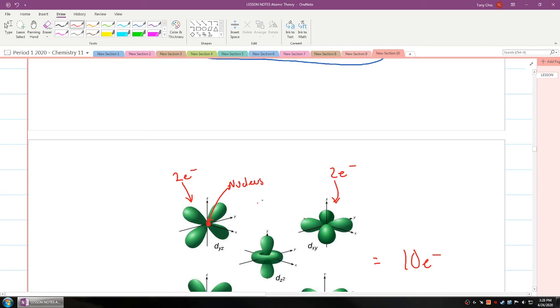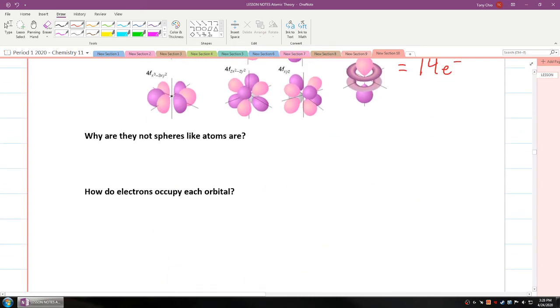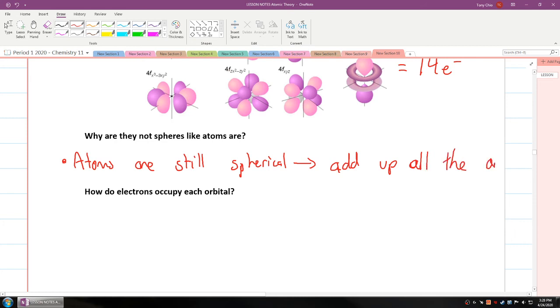So that means if you add up all these orbitals, they still form a spherical shape. So atoms are still spherical because you add up all the orbitals because they overlap.